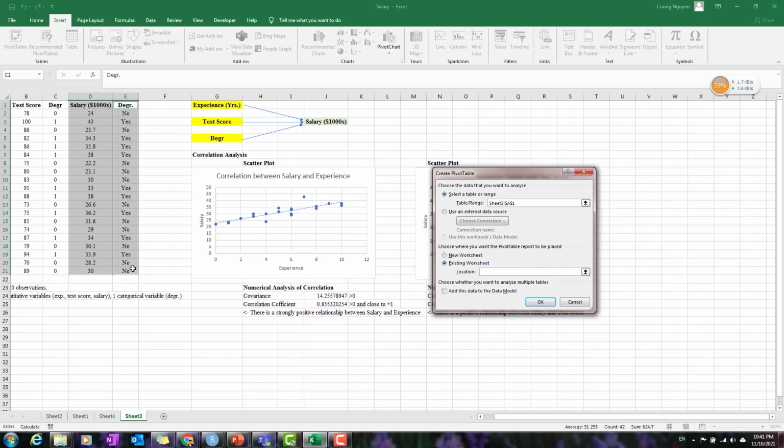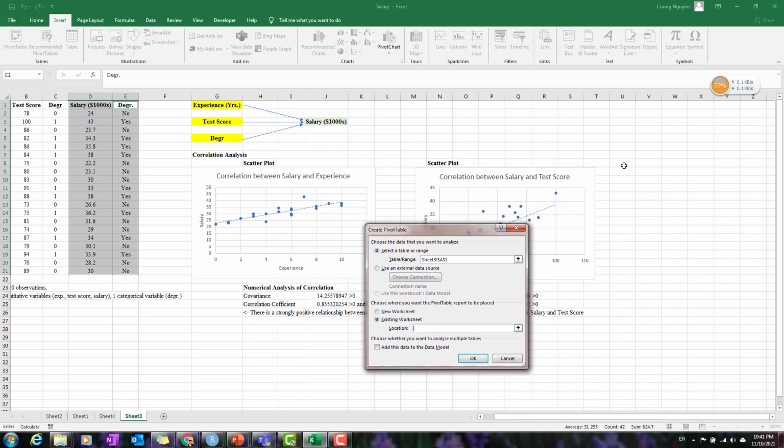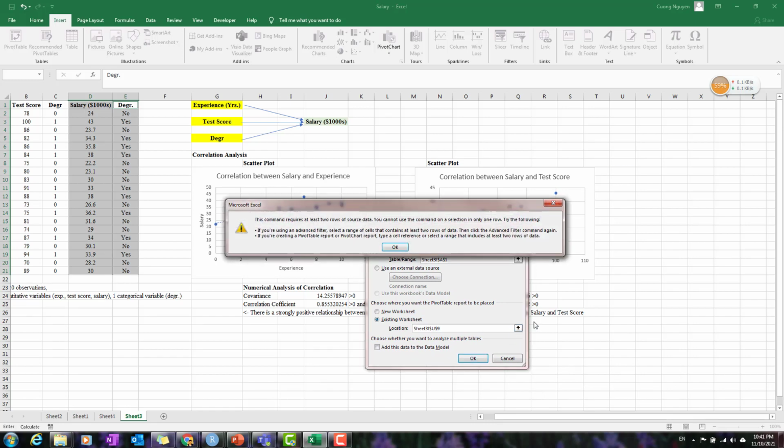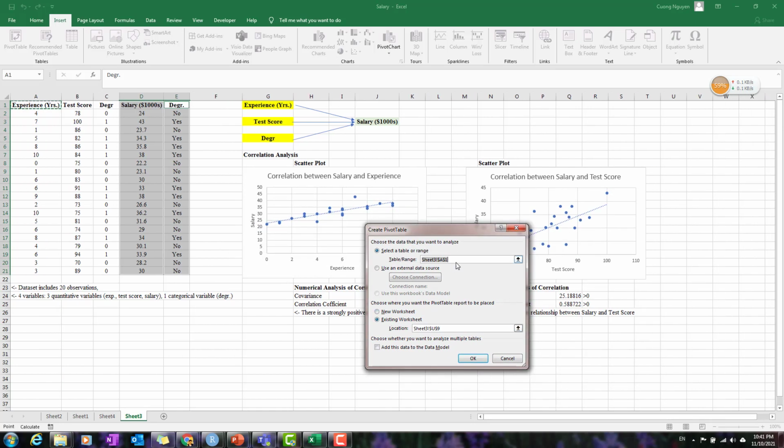The degree should be a categorical variable, and salaries a quantitative variable. So I want to put the data over here. Sorry, I have to select all the data like this.